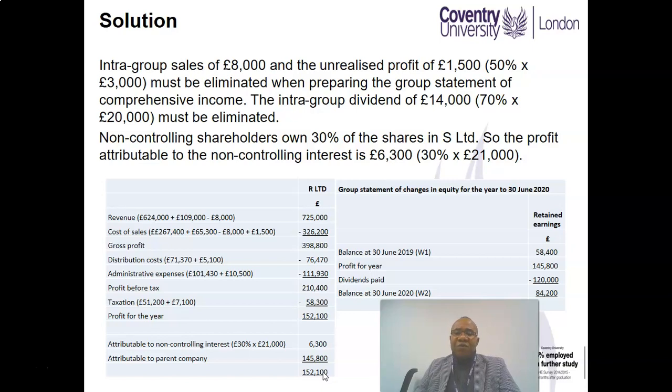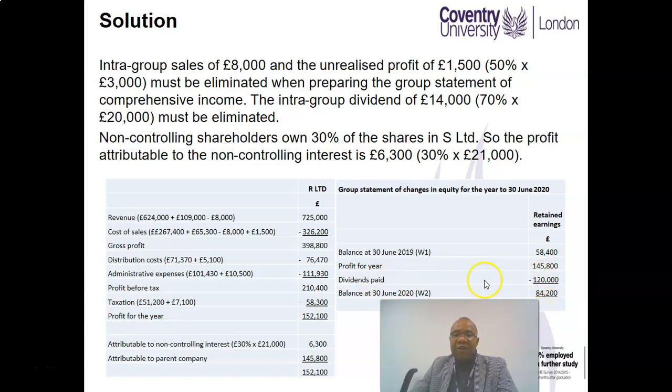As far as the group statement of changes in equity is concerned, we'll take the balance at the start of the year, which we'll look at in a minute in working one, of 58,400, and then add the profit attributable to the parent, which is this one, of 145,800, and then deduct dividends paid by R Limited only.